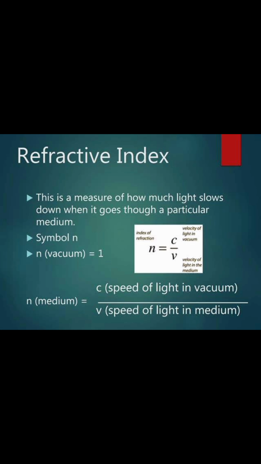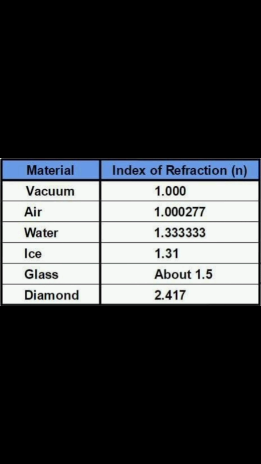A very common real-world example is a pencil appearing bent in water. The pencil appears bent because the light coming from the part inside the water bends at the water-air boundary. Also, a swimming pool appears shallow. Objects under water appear higher than they are due to the bending of light.